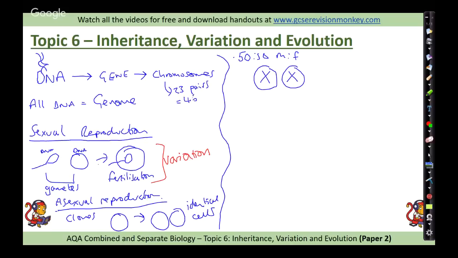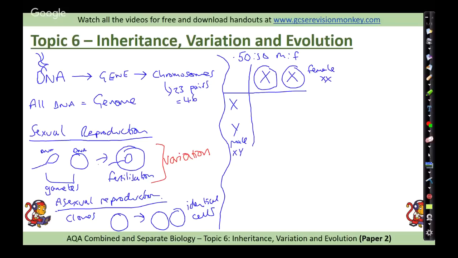So that's 46 chromosomes, one that you get from your mother and one you get from your father. So the 23rd pair is called the sex chromosomes. Females can only ever have an X chromosome. They are called XX. And males are called XY for their sex chromosome.